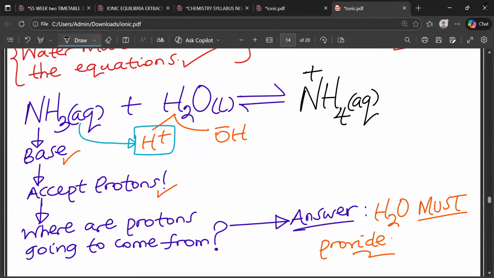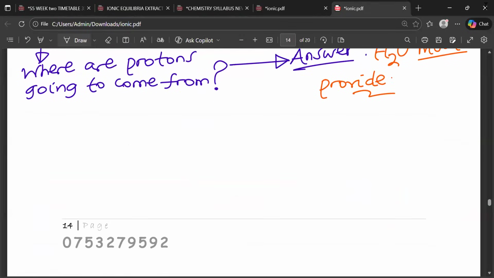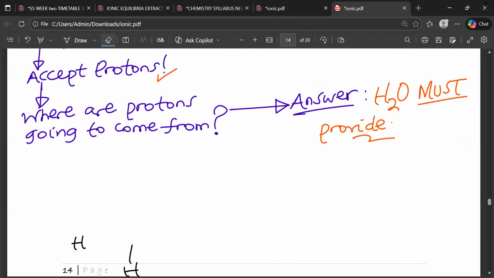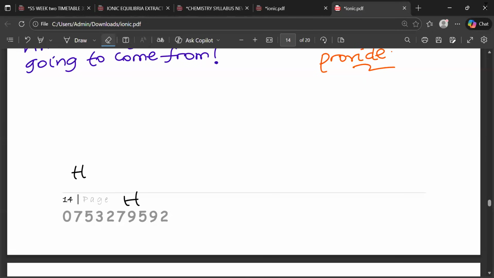Now, what if you want to know the real chemistry happening? This is it. You all know that ammonia is like this. I don't mind about the structure. I know it's trigonal pyramidal. Anyway, let me draw what people want to see. I also hate it when I do wrong chemistry.